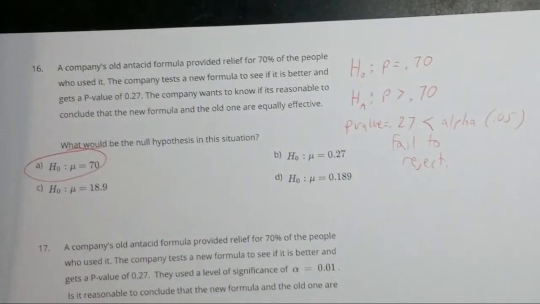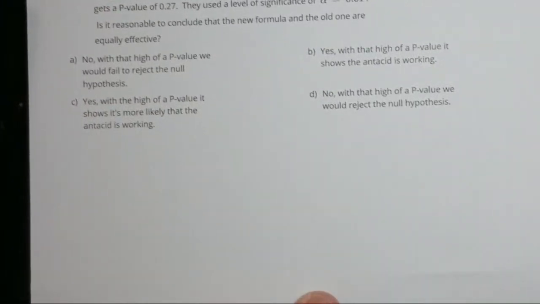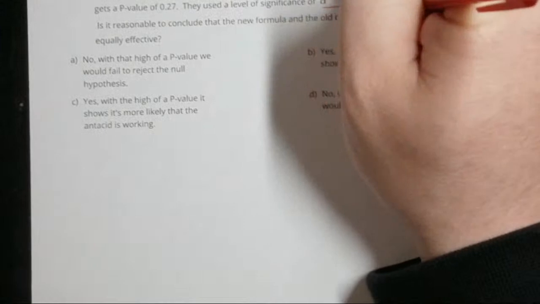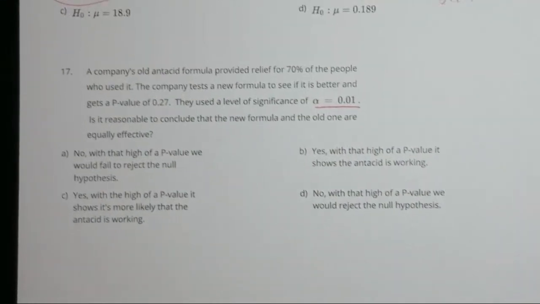Number 17. It's a similar antacid problem. They test a new formula to see if it's better, with a p-value of 0.27. Now they changed the alpha level. We typically use 0.05, but now they're using 0.01.